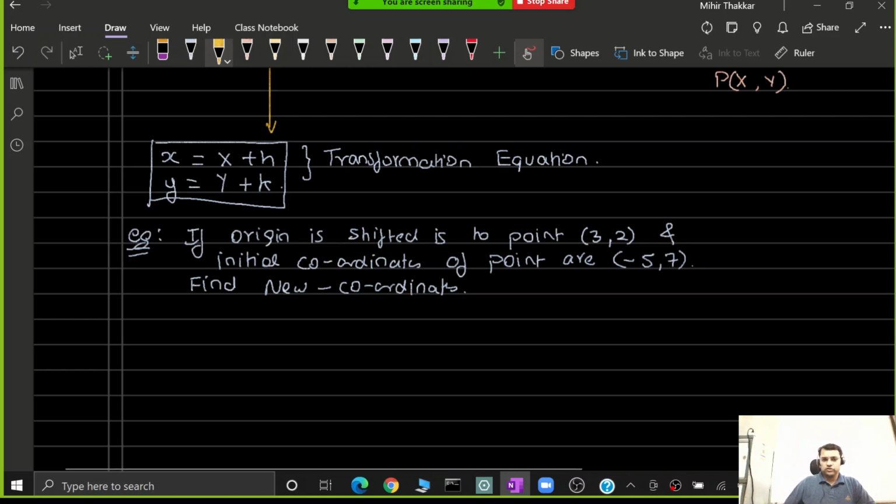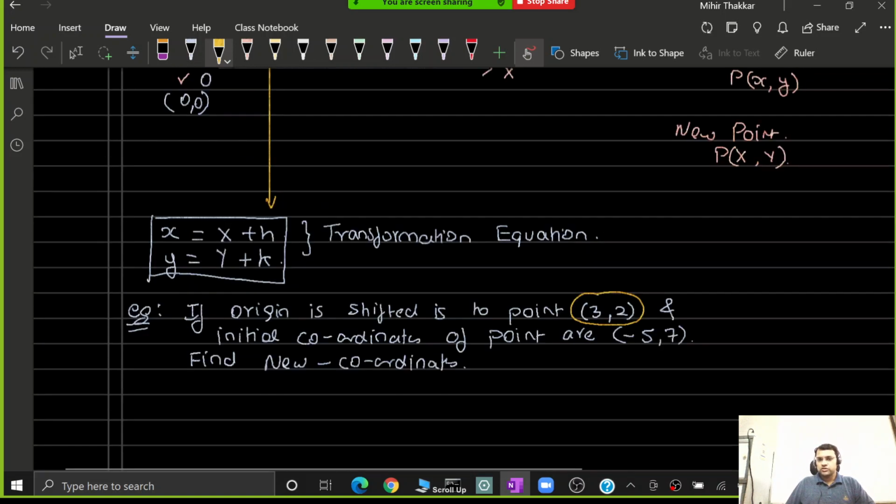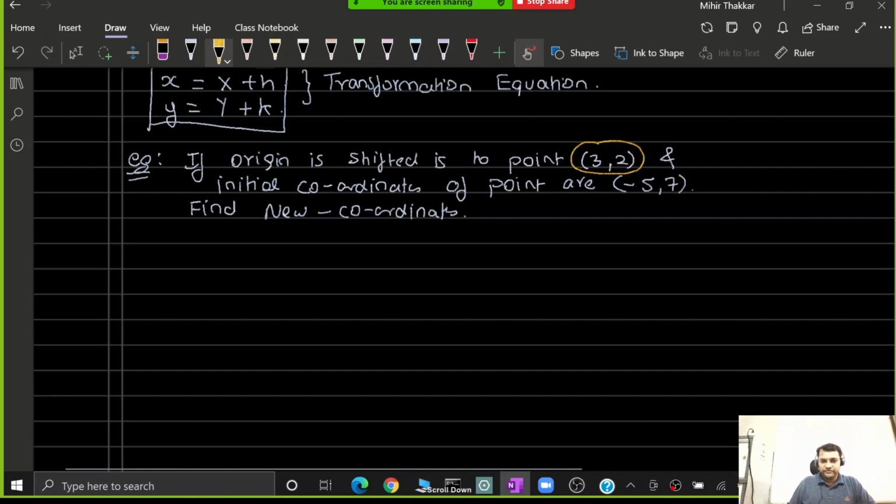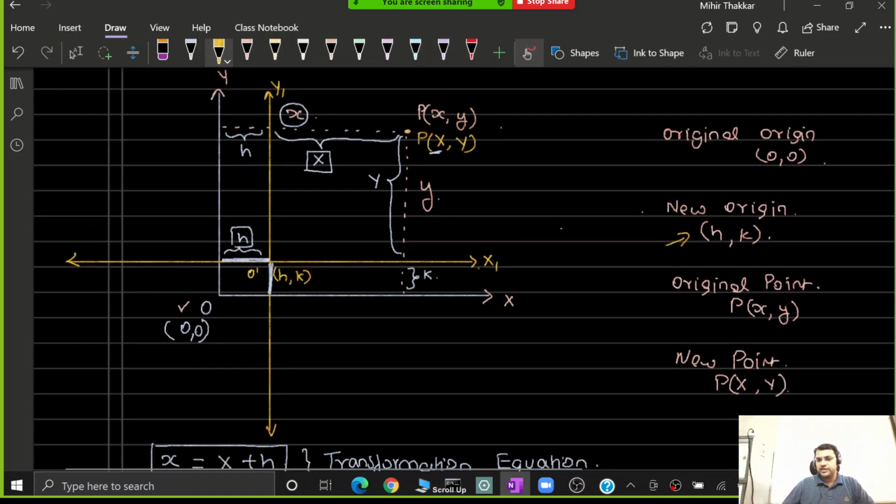So what do we get from here? Origin is shifted to the point (3, 2). It means that this is your new origin. What is the notation for the new origin? It is (h, k). Therefore, (h, k) is equal to (3, 2). Initial coordinates of the point are (-5, 7). What is the initial coordinate?